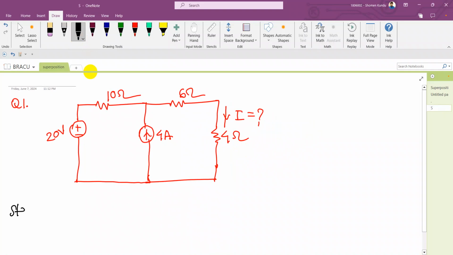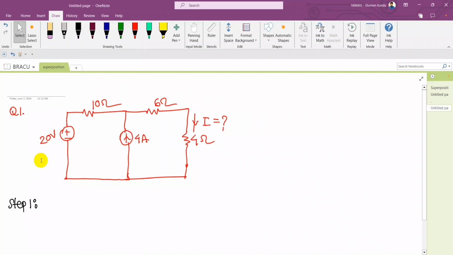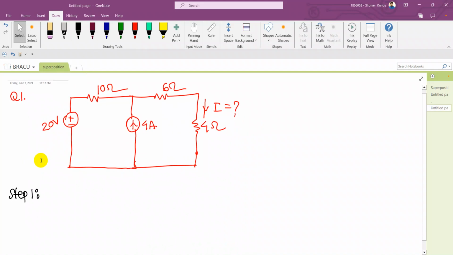So first, step one, we will take the voltage source active and the current source will be turned off. So first we need to redraw the circuit.